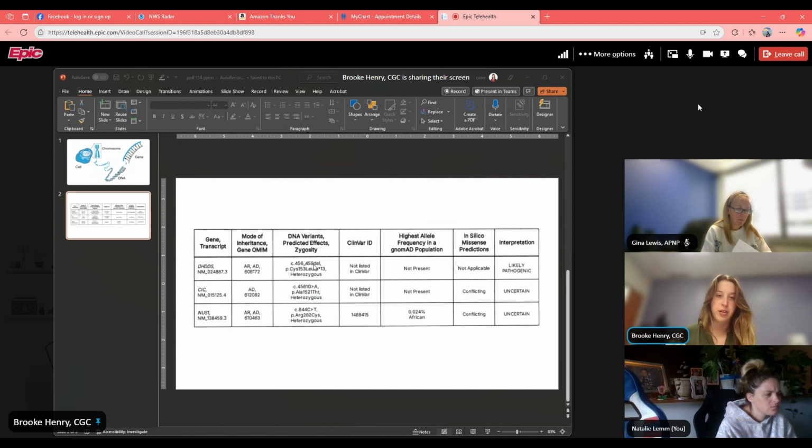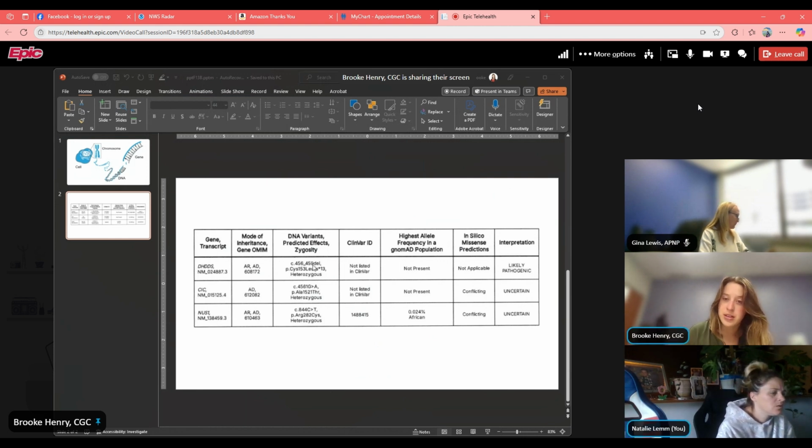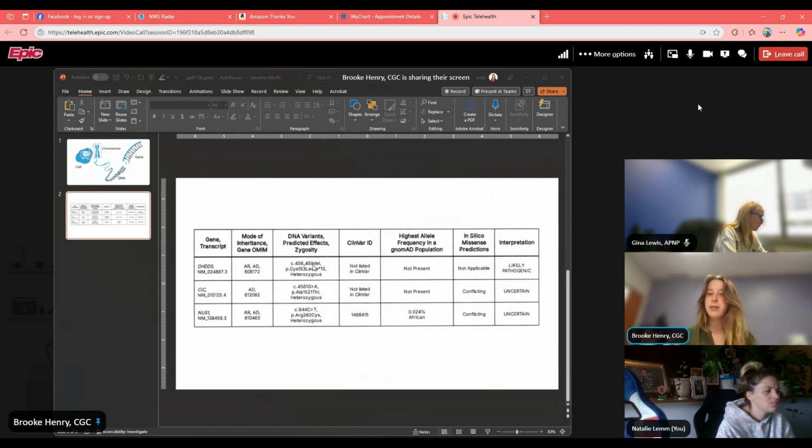This would make her a carrier for that retinitis pigmentosa. And what that is essentially is night blindness or progressive vision loss on the periphery. So we wouldn't expect it to cause any vision problems for her. But the thing is, when you and your partner are carriers for the same thing, then your child could possibly inherit both of those gene changes that aren't working right, and your child could have that vision disorder. That was a lot of information.